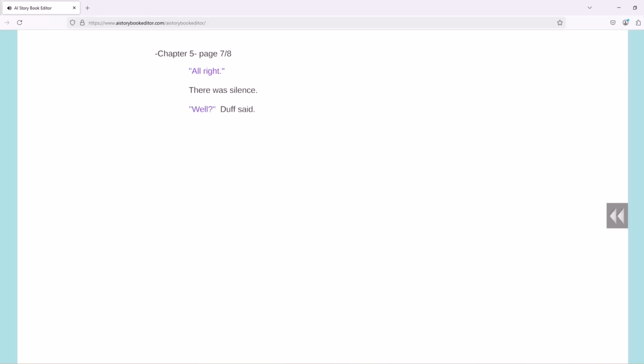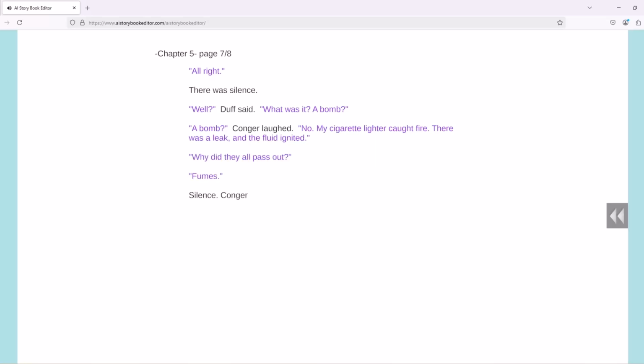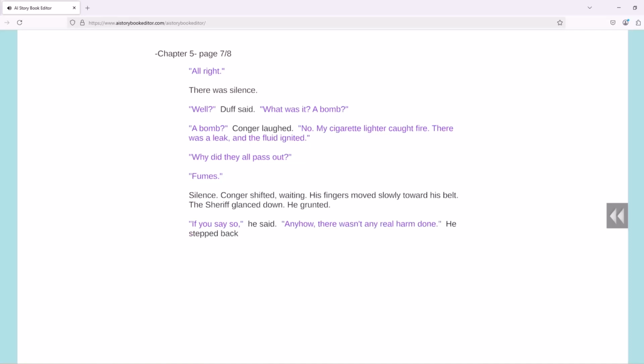Duff said. "What was it? A bomb?" "A bomb?" Conger laughed. "No. My cigarette lighter caught fire. There was a leak, and the fluid ignited." "Why did they all pass out?" "Fumes." Silence. Conger shifted, waiting. His fingers moved slowly toward his belt. The sheriff glanced down. He grunted. "If you say so," he said. "Anyhow, there wasn't any real harm done." He stepped back from Conger.